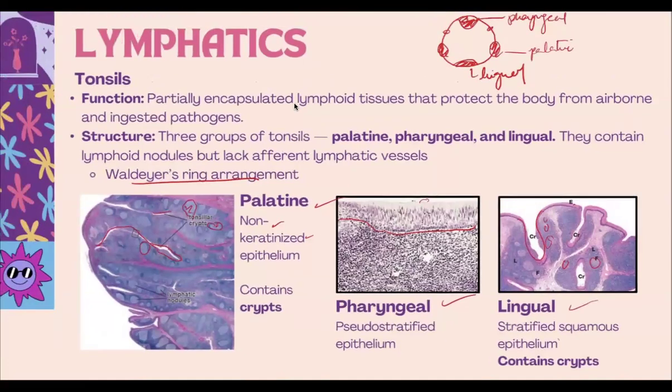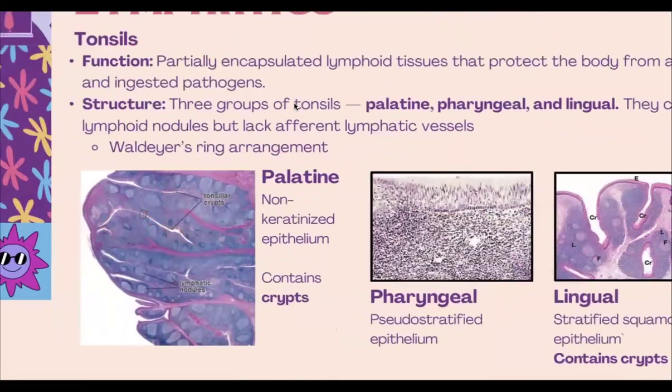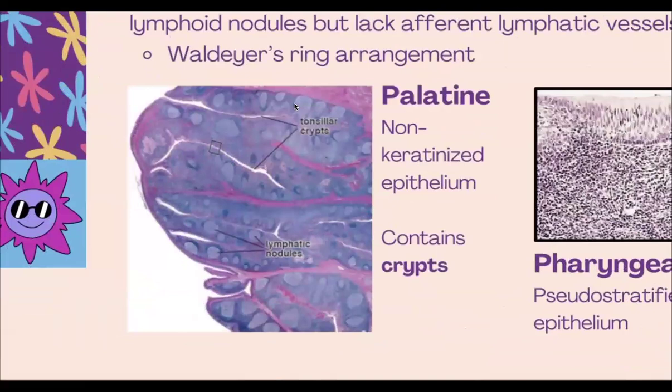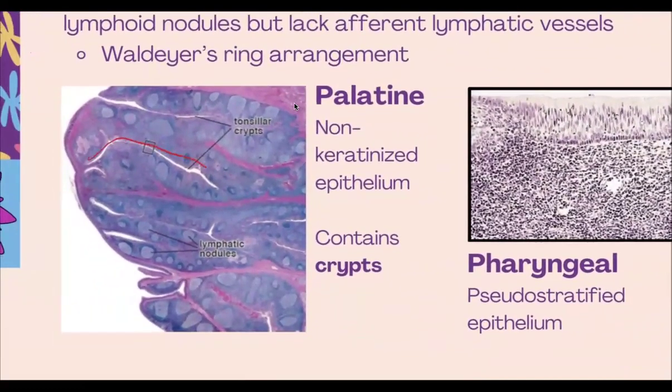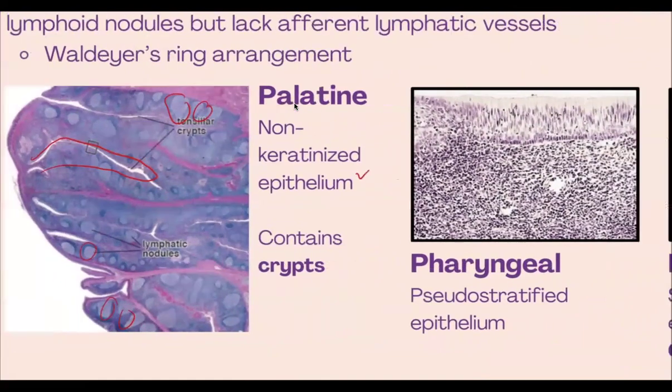Just for the sake of understanding, I'm going to go over this one more time. Palatine tonsils, like all these tonsils, contain lymphoid tissue for any airborne or ingested microbe. You have crypts here, which is a feature to know, and these are your lymphoid tissues right here. They are related to non-keratinized epithelium because of their positioning.